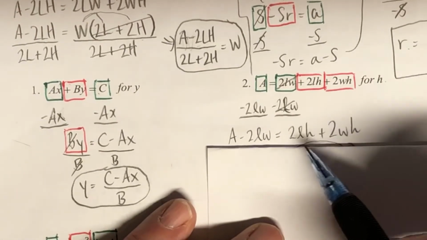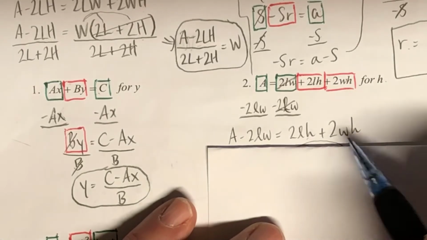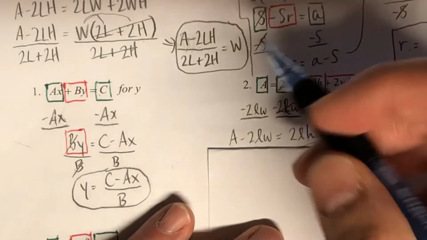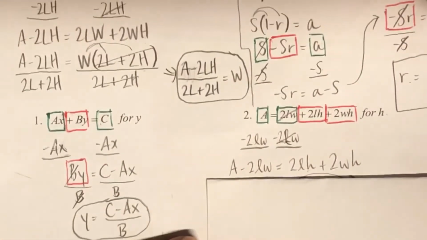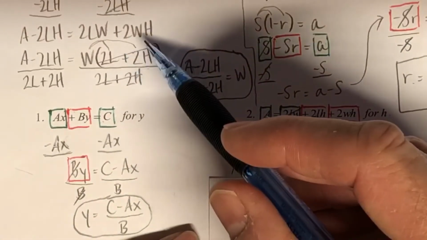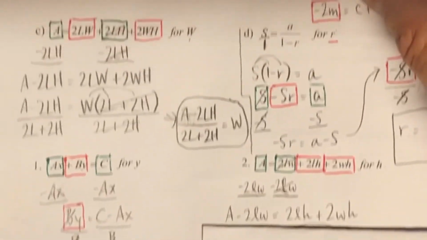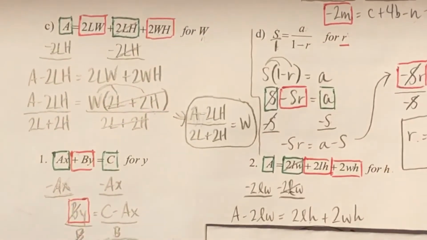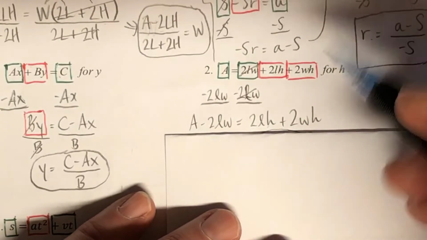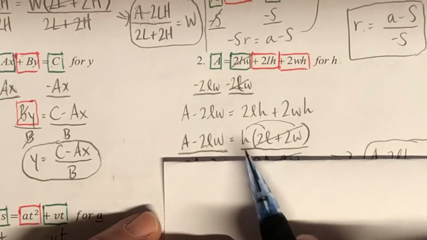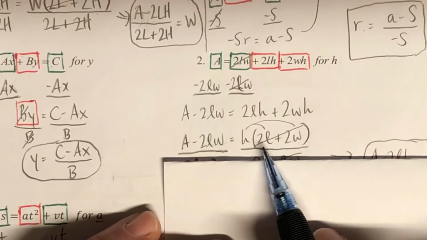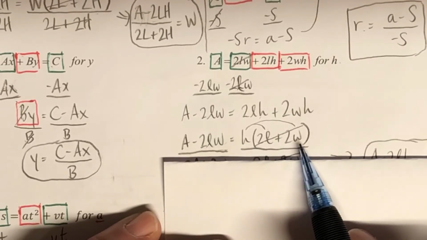Okay, and then because you have two red terms, you need to do that thing that we did up here, where you factored out the designated variable. Up here, the designated variable was w, so we factored that out. Here, the designated variable is h, and so we factor out the h, like you can see I did right here: h, and then 2L plus 2W.